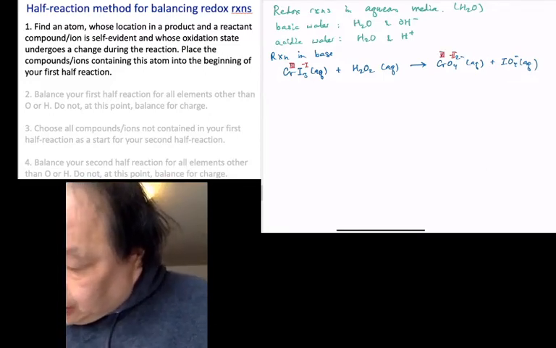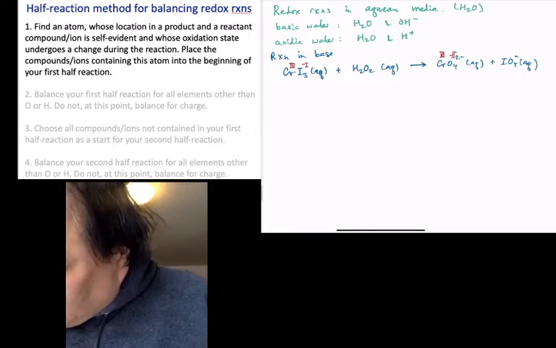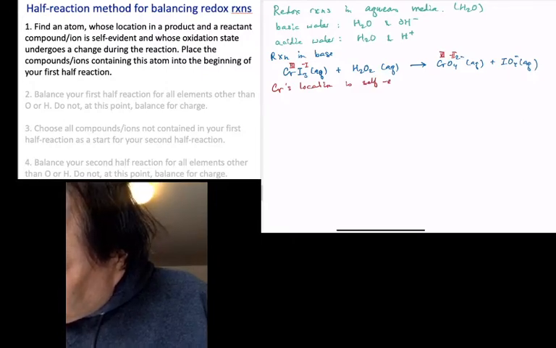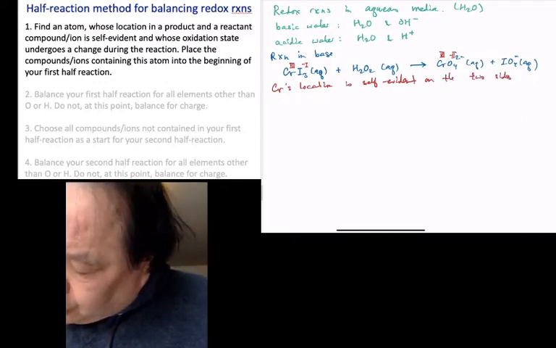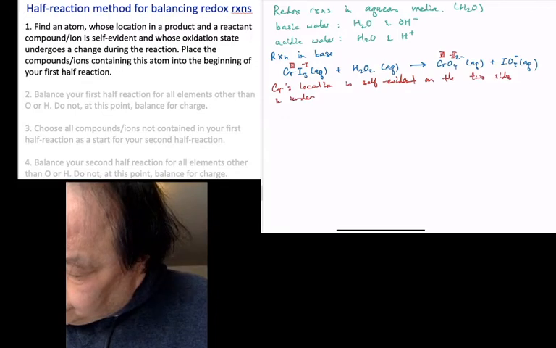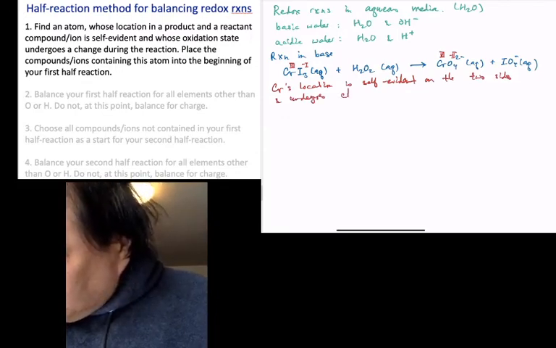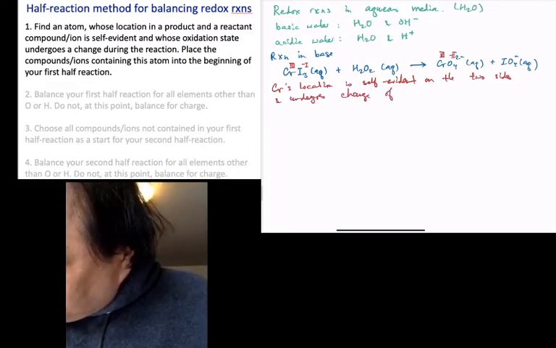Chromium, its location is self-evident on the 2 sides, and undergoes change of oxidation state.